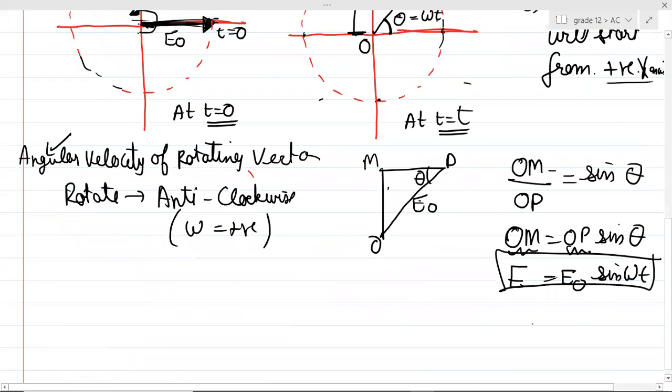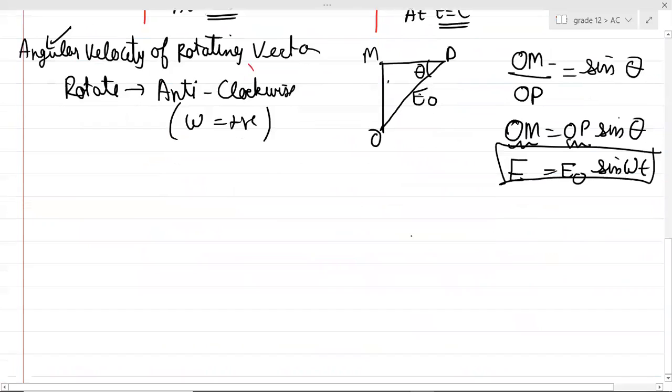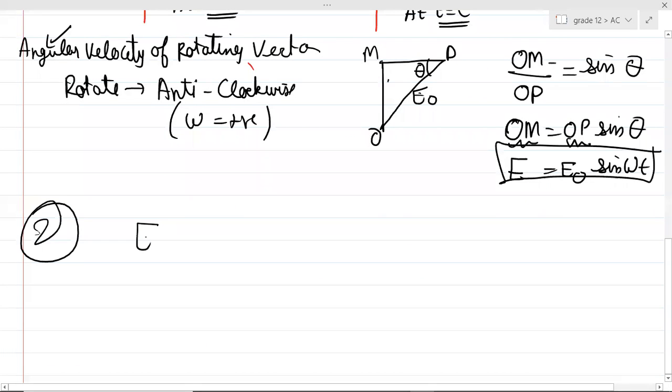Okay. Now the same thing goes for another case. If I want to represent the general equation E equals E naught sine of omega t plus phi, I have not yet made you understand what exactly phase is. I'm just making you familiar with the equation, right? Now what is this E naught? E naught is again the peak value.